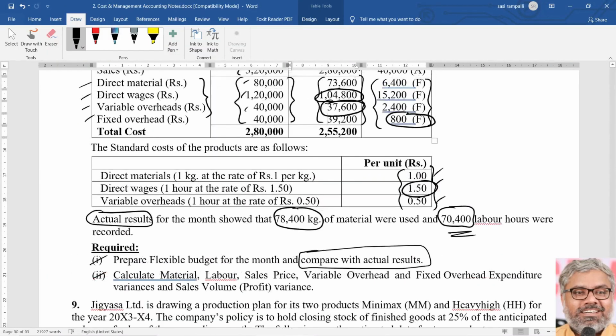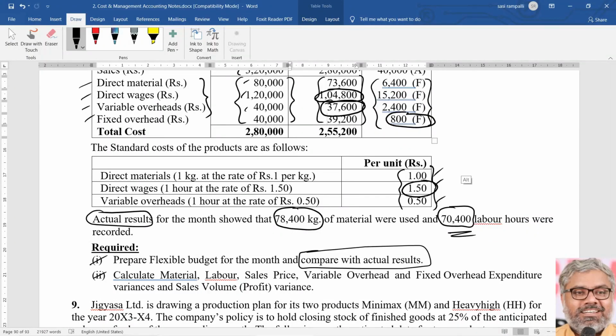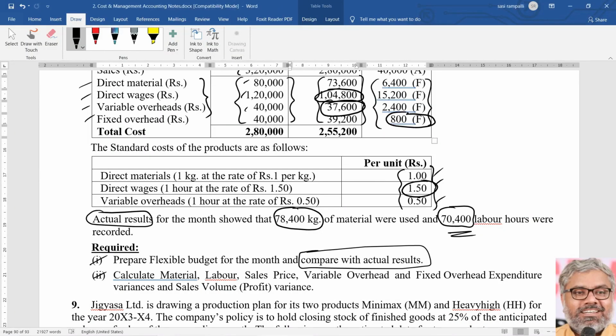That was 40,000 rupees, and actual fixed overhead was 39,200 rupees. So naturally the fixed overhead expenditure variance or budget variance will be 800 favorable.